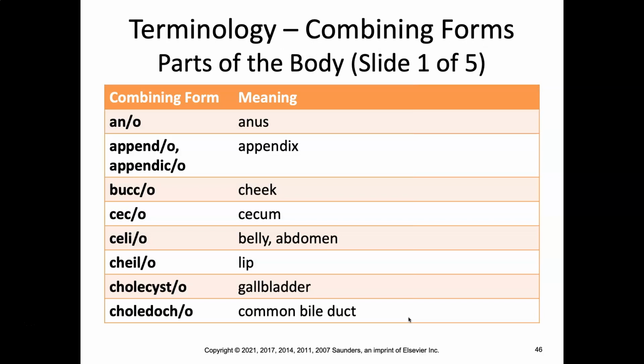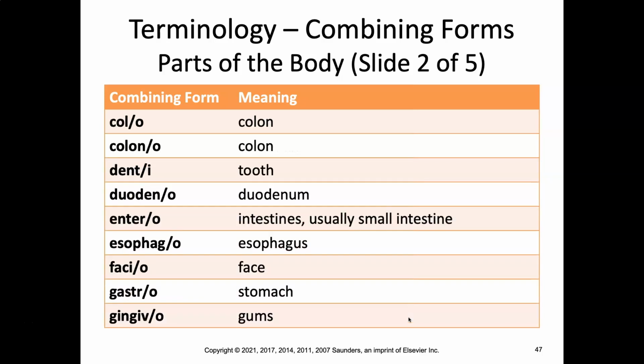Now we get to our combining forms. Ano, appendo, appendiso, buco, cico, cilio, kilo, cholecysto, choledoco. Ooh, watch out for that one. Cholecysto is gallbladder, but choledoco is your common bile duct. Difference.